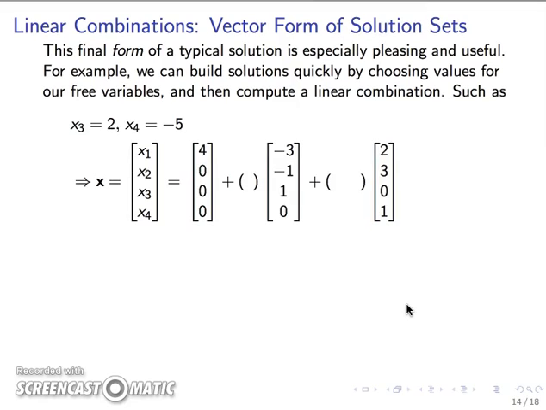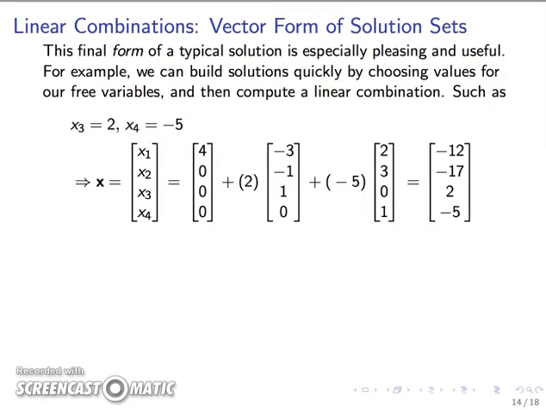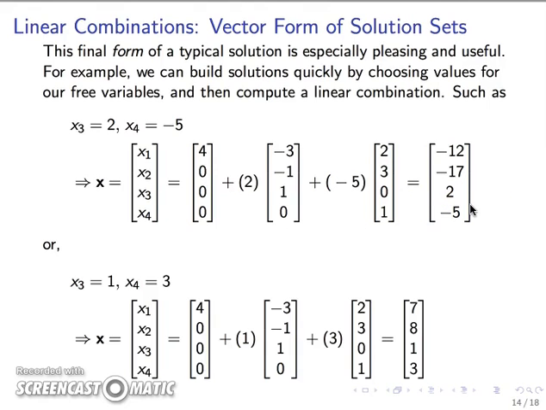They are free variables, right? And so in this expression, we replace the free variables exactly in this location. We're going to write number 2 in that location, and minus 5 in that other location, and then carry on with the scalar multiplication and the addition of vectors, and that gives us one specific vector, which is a solution among multiple solutions, a member of that solution set.